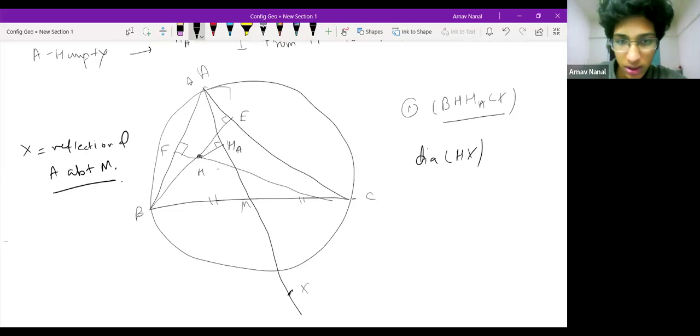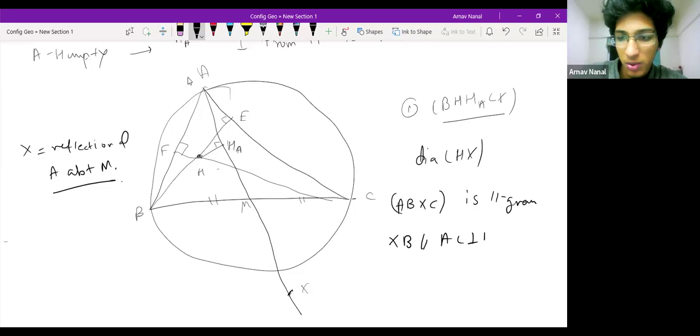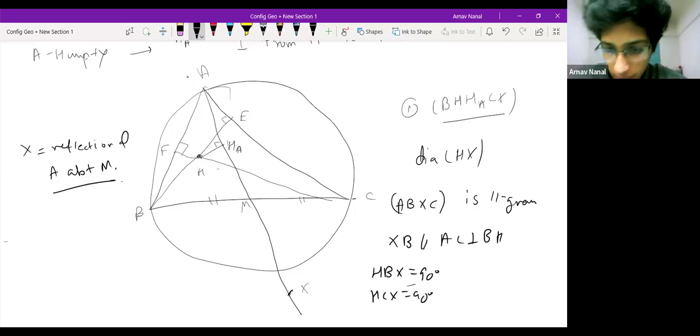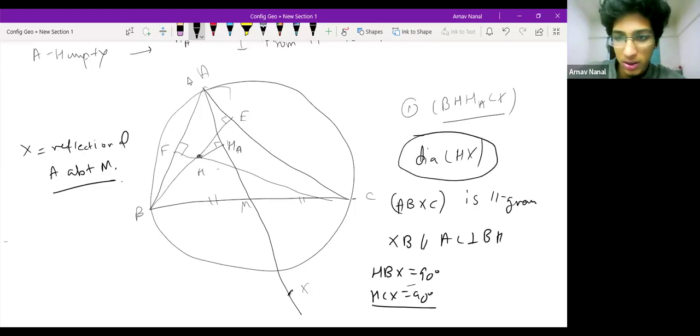Since ABXC is a parallelogram, XB is parallel to AC, which is perpendicular to BH. So HBX is 90 degrees. Similarly, HCX is also 90. So this is the circle with diameter HX.